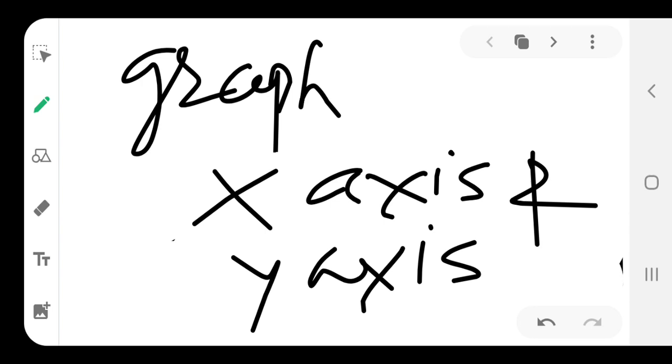So, these terms should be known to you. We plot the graph of the two quantities on the x and y plane.